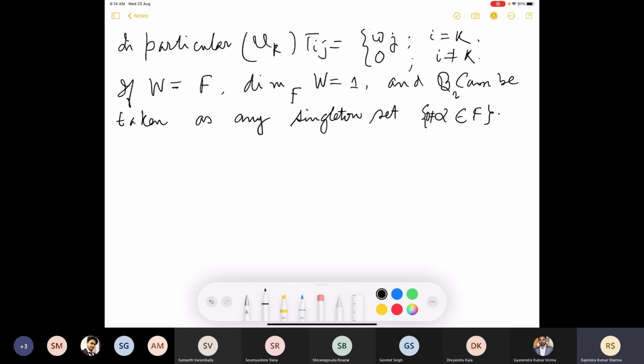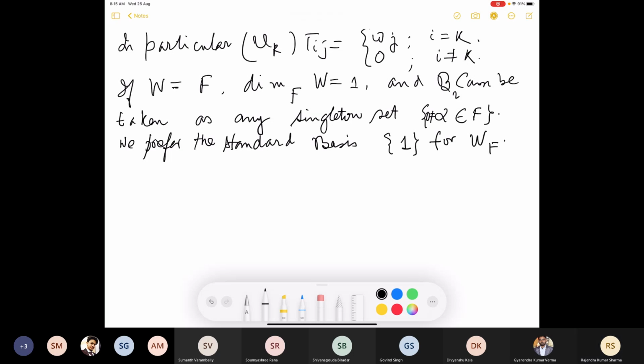So in particular, we prefer the standard basis. The standard basis means we can take this for W over F. So j is just 1, and this is for all.